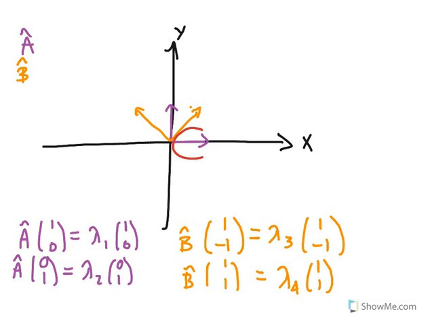So let's say I pick this guy over here, and I'll call this my state alpha. Then if I apply A hat on alpha, I'm going to get lambda 1 times alpha, right? And that's just because I used this rule over here.